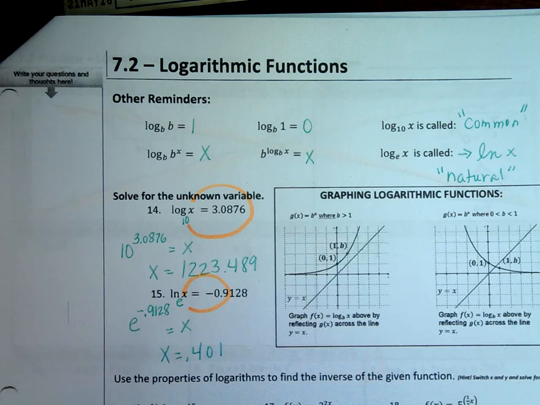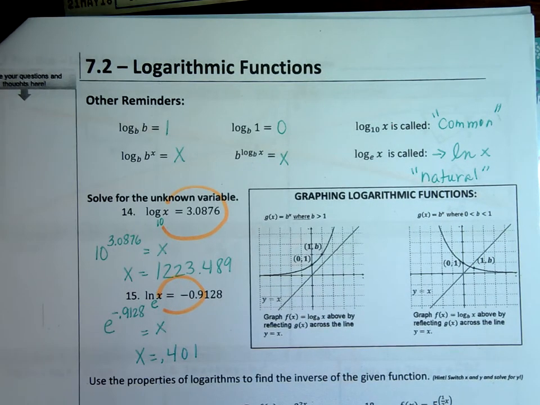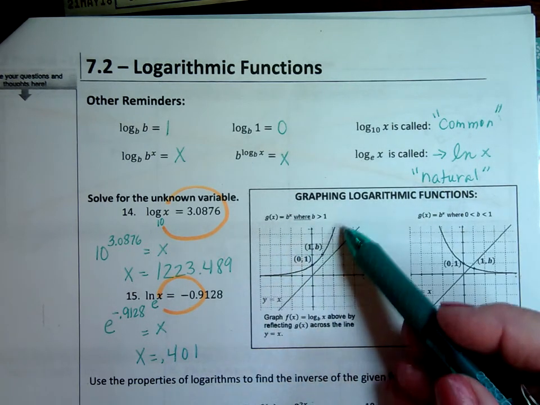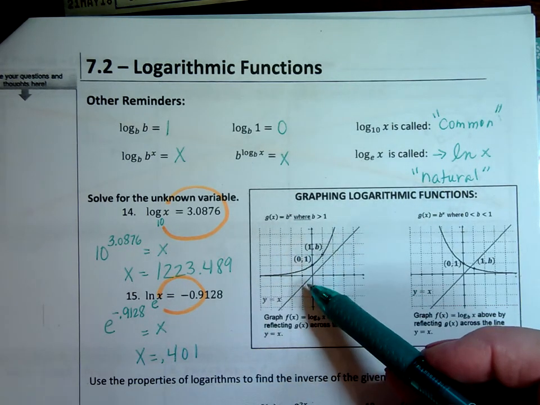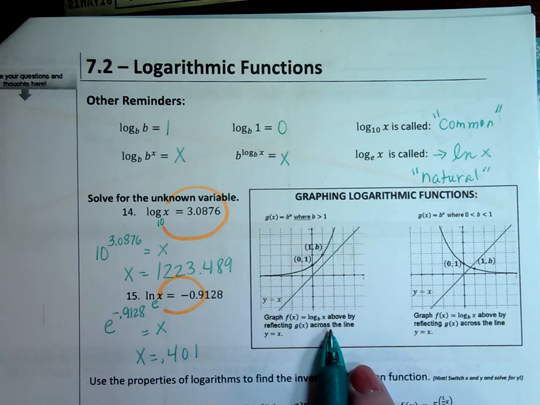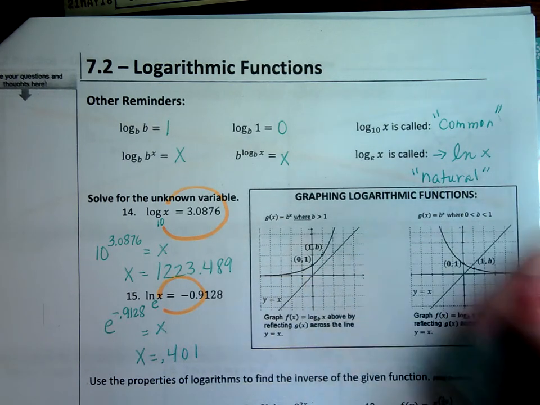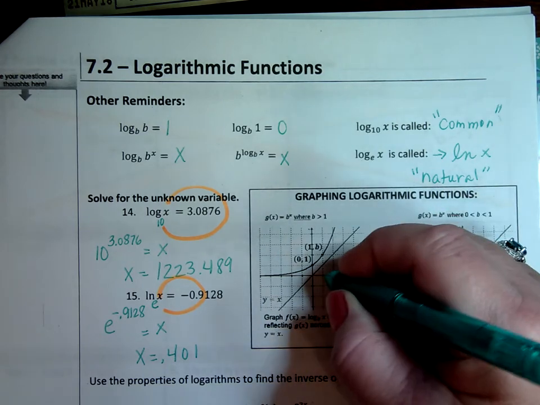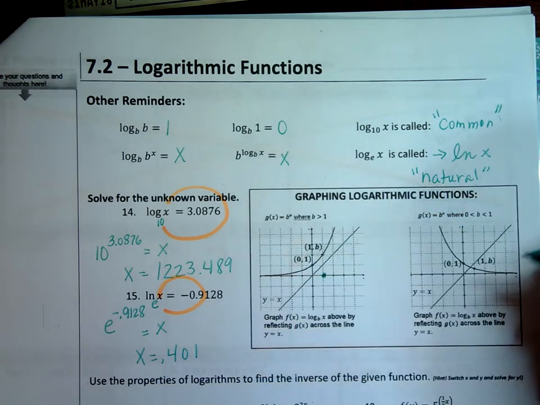They wanted you to get a picture of what the graphs look like. So this is b to the x, an exponential graph. Remember, we've seen those before. If I graph the logarithmic graph for this, if this coordinate is 0, 1, what happens for my inverse? My inverse has to be 1, 0. Remember, you switch the x and the y?